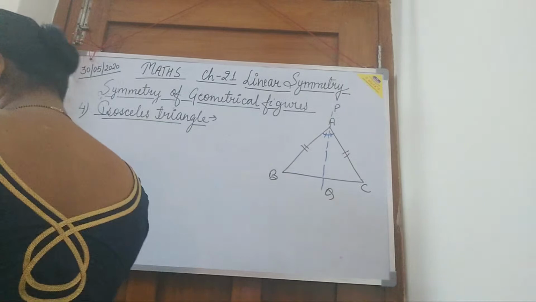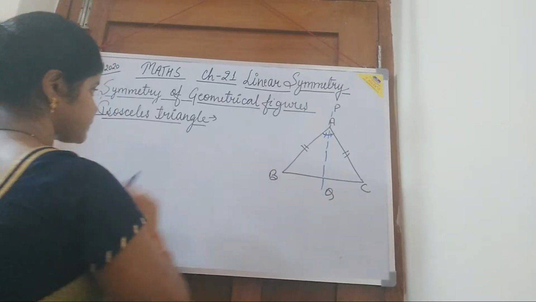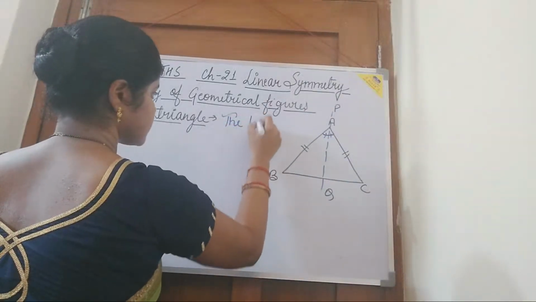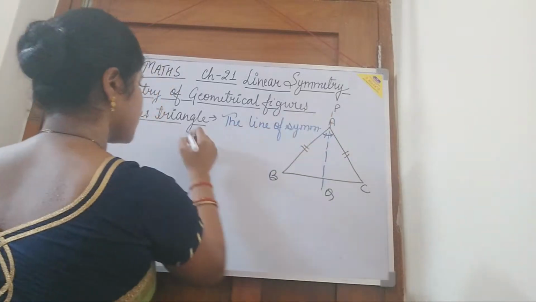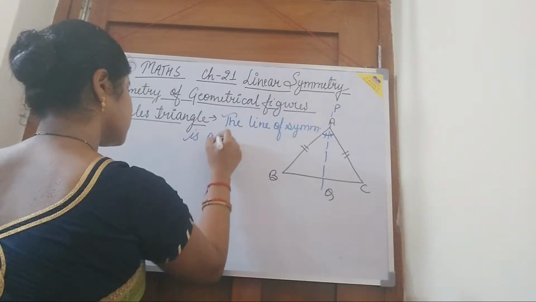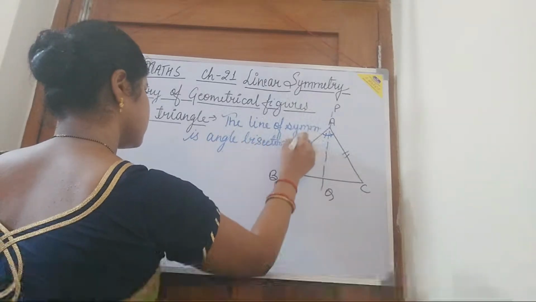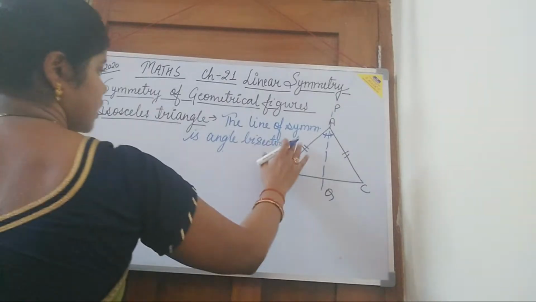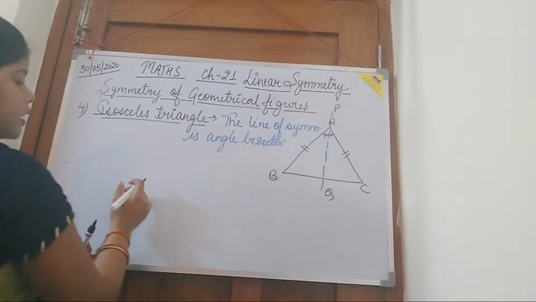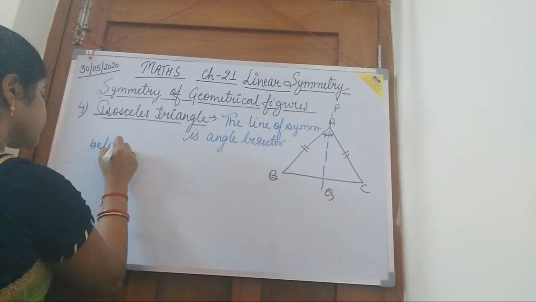So in an isosceles triangle, you can write the line of symmetry is the angle bisector between the two equal sides.